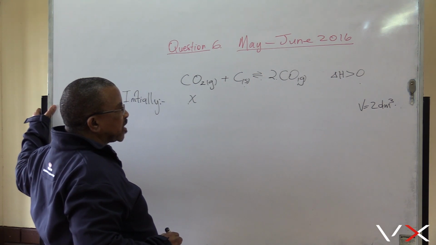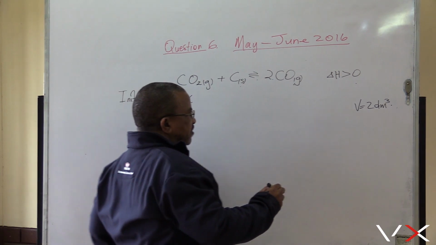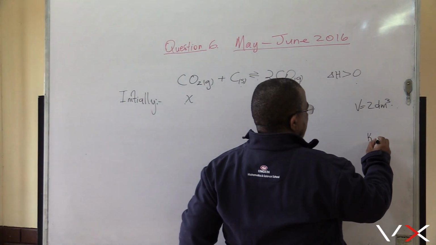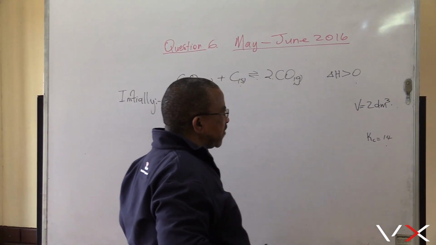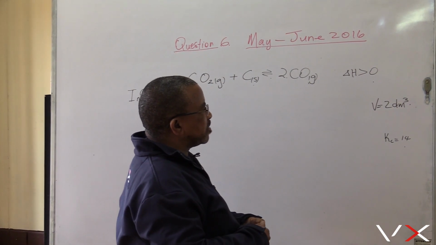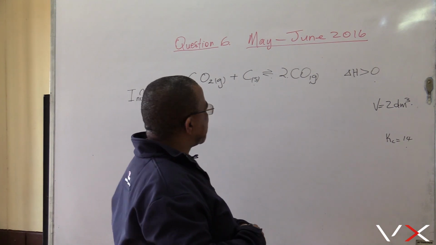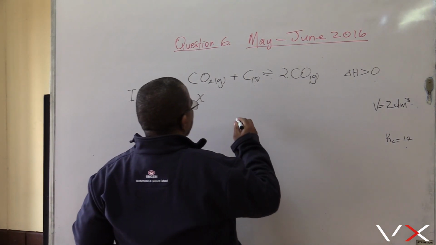The equilibrium constant for the reaction at this temperature, Kc, is 14. At equilibrium, it is found that 168 grams of carbon monoxide is present. I like this question.